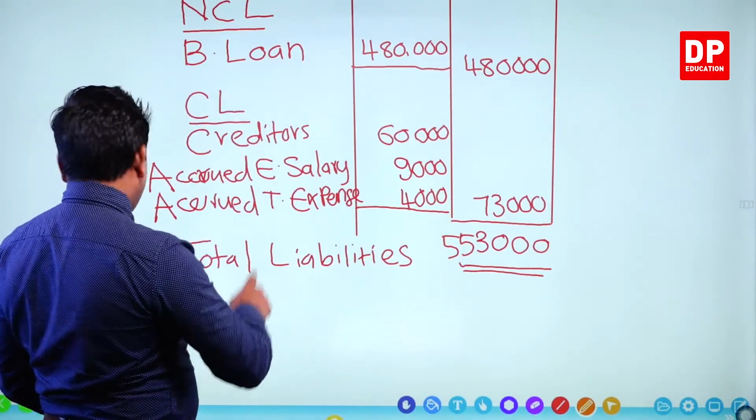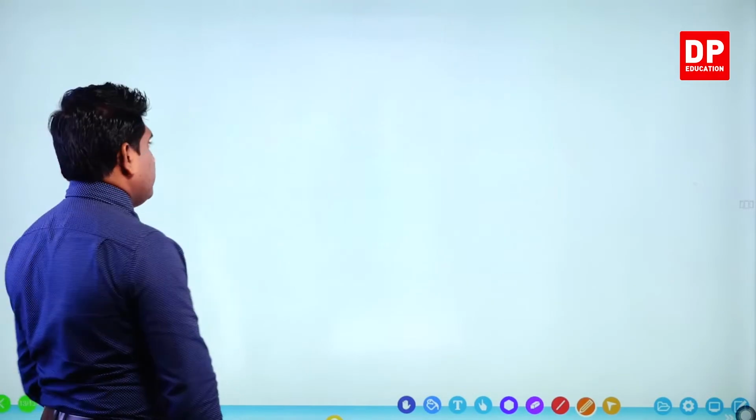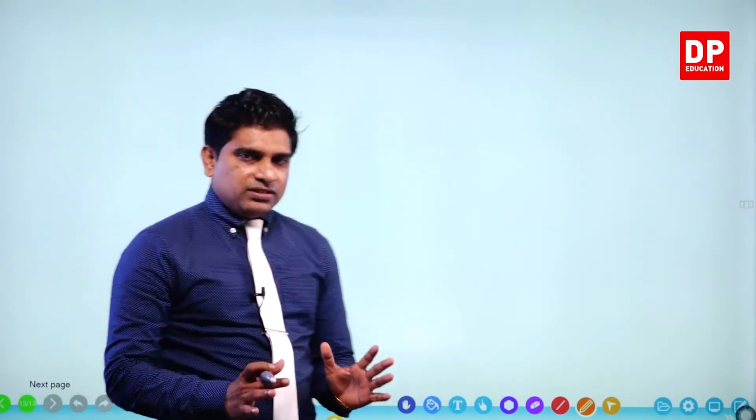Today, you have learned about assets and liabilities and equity, right? Now you know how to classify liabilities, non-current liabilities and current liabilities. How to classify assets, non-current assets and current assets, right? After that, equity.